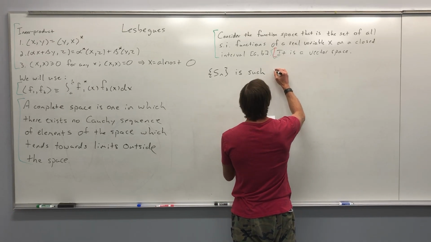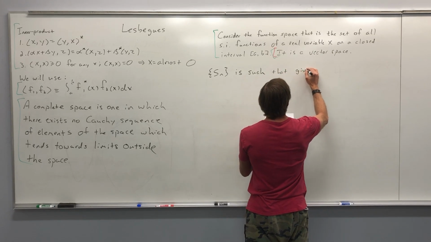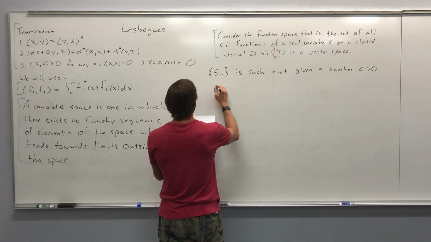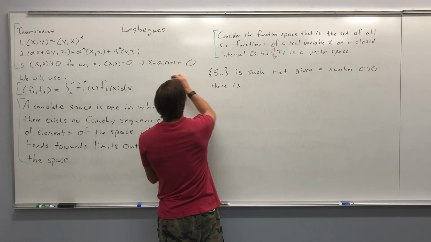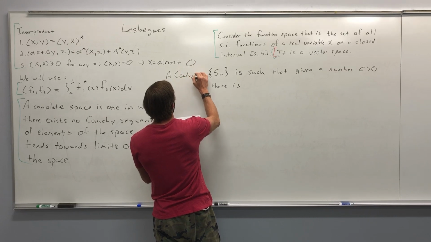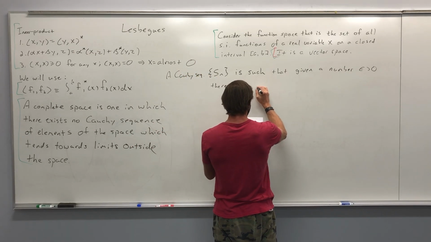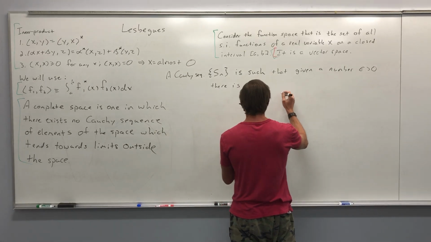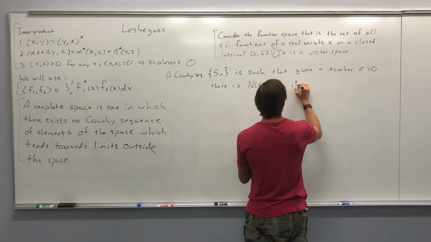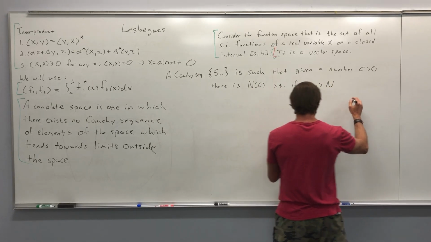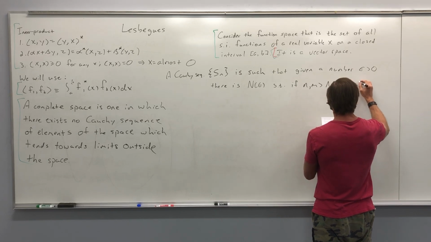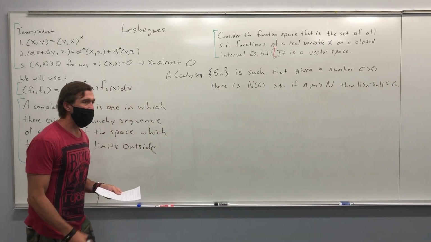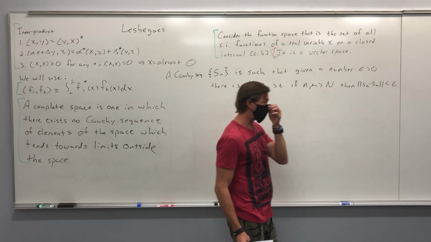The sequence is such that, given a number epsilon greater than 0, there exists some index N, which is a function of this number epsilon that you picked, such that if n and m are larger than N, then the difference between the nth and the mth element has a magnitude which is less than epsilon.